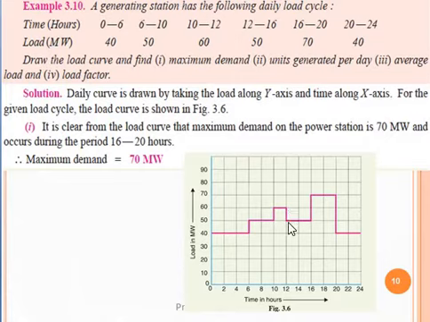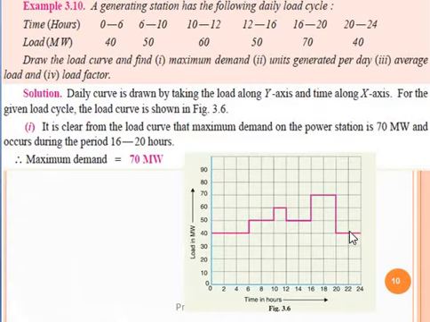Then the line will go down and reach 50 megawatt once again for 4 hours. Then the line will extend by 2 units and reach 70 megawatt. Then it will drop to 40 megawatt and stay constant for the remaining 4 hours. Our load curve is completed.